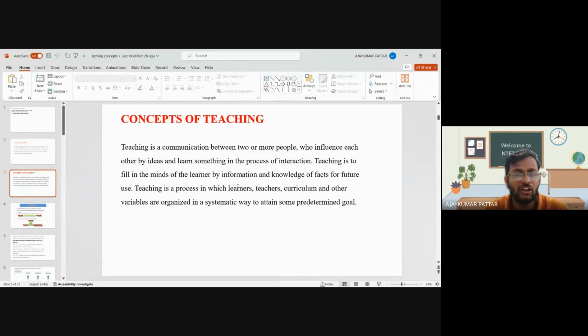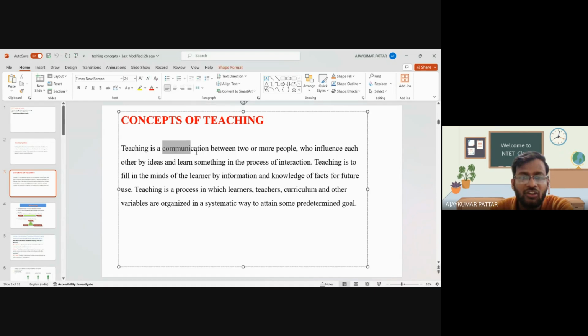So first we have to understand this definition. It is in the broader sense, so we have to see the keywords. Teaching is a communication, so communication is important.